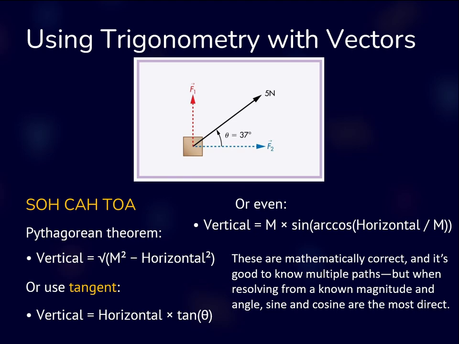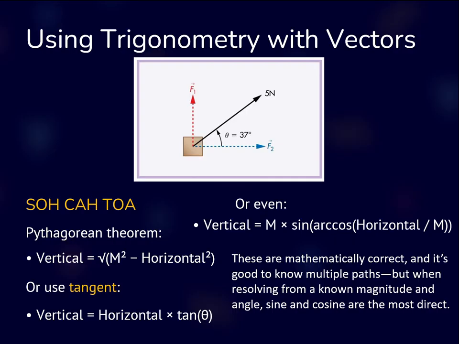Now, while sine and cosine are the most common and convenient ways to find vector components, there are other valid approaches depending on which values you're given. For instance, if you know the magnitude of the vector and one component, you can use the Pythagorean theorem, because the vertical side is equal to the square root of m squared minus the horizontal side squared.